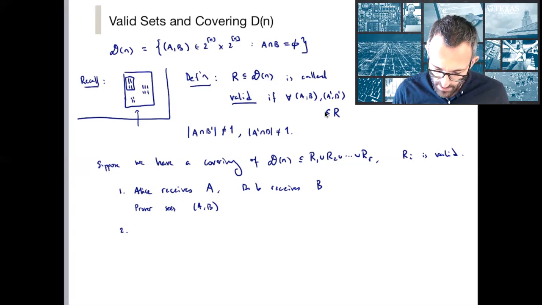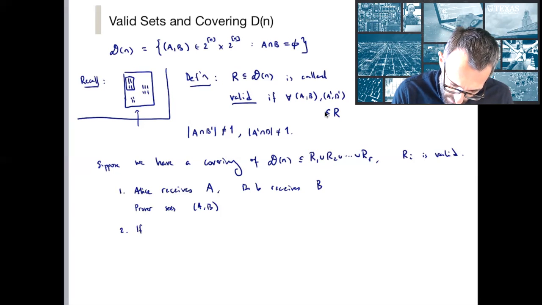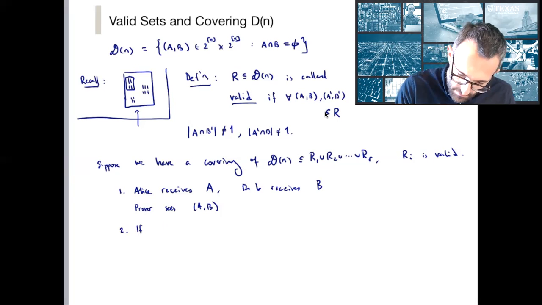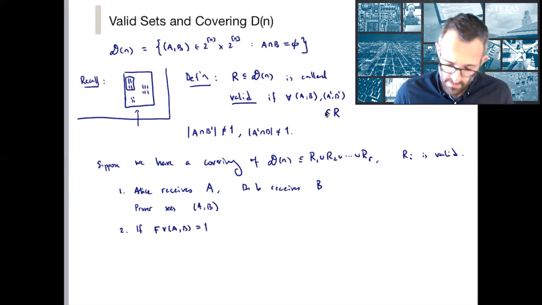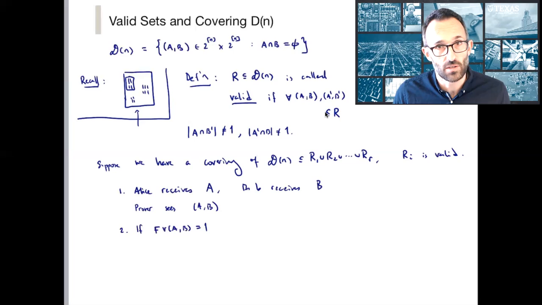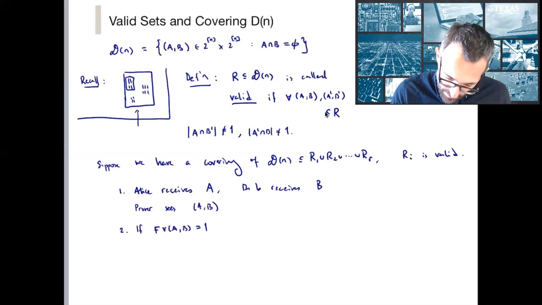So what happens? If A and B have intersection 0, in other words, if FV of AB equals 1, by agreement, this can only happen if the intersection is empty.